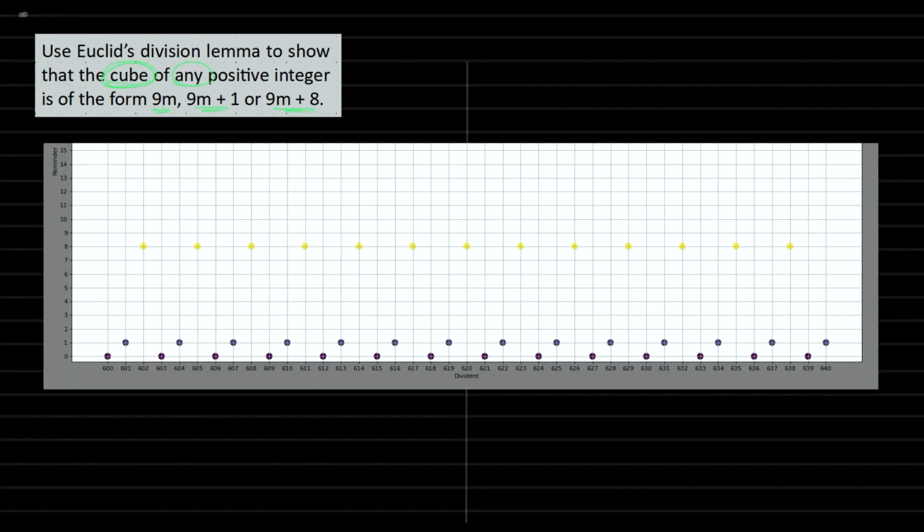Okay, so the heading of this particular graph will be the remainder of the cube of numbers on dividing with 9. So this is your scenario.